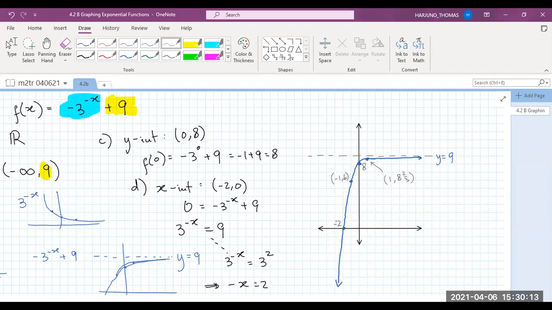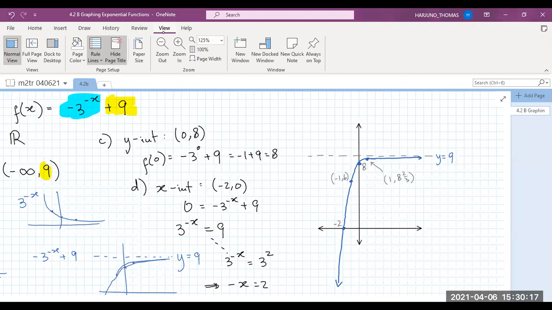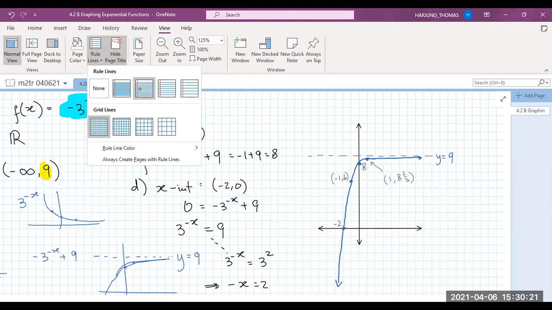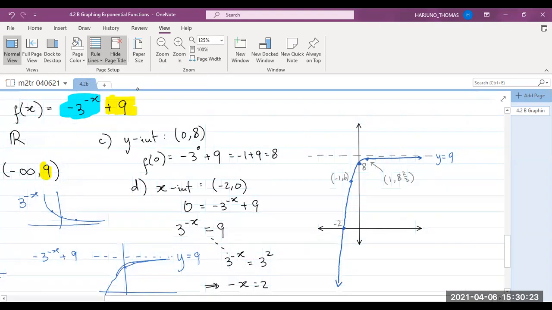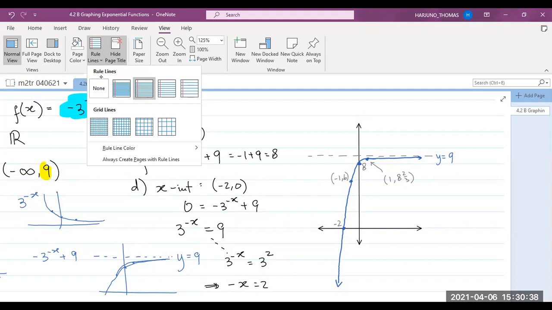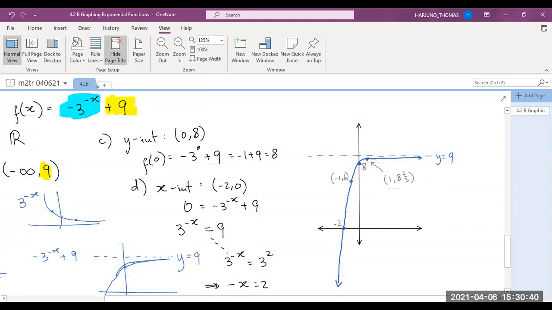Now, let me show you what it's supposed to look like if you don't use graphing paper. Then it will look like this. Do you see that? In other words, without the grids, and you label them, this is what it looks like.